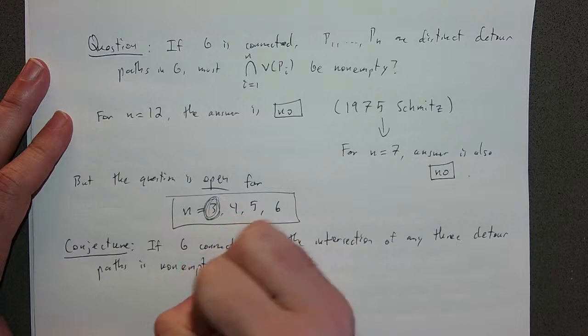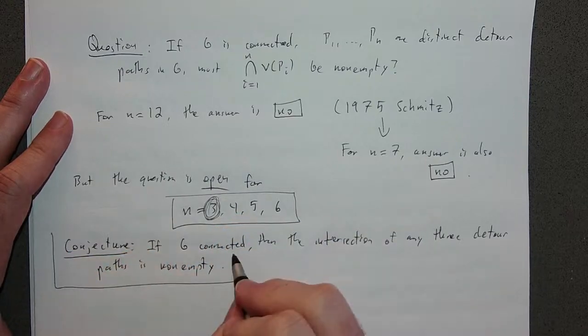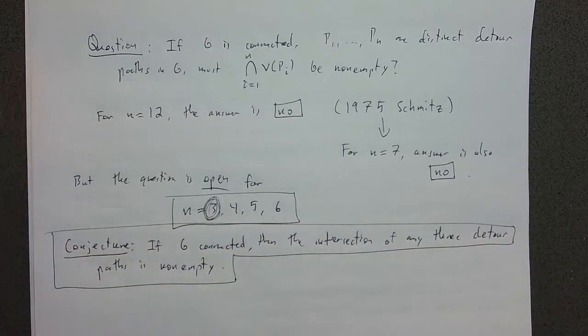It's unknown. You can make a name for yourself in the world of graph theory if you were to resolve this. So it's actually extra credit in the homework for this section. If you can solve any of these open problems, I'll give you extra credit. So that's one sort of open problem you can consider.